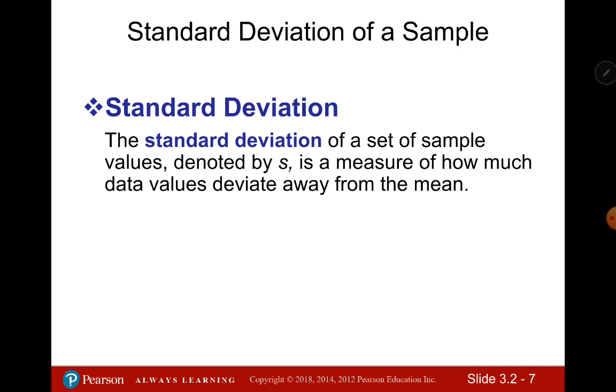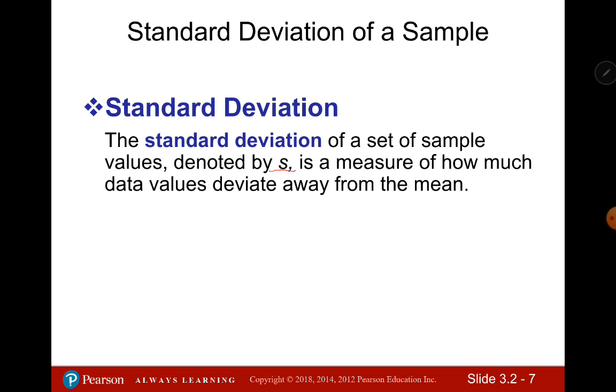Okay, so let's move on to the next measure, standard deviation. First of all, we will use s to denote standard deviation. Actually, it denotes the sample standard deviation. This s is only for a sample.